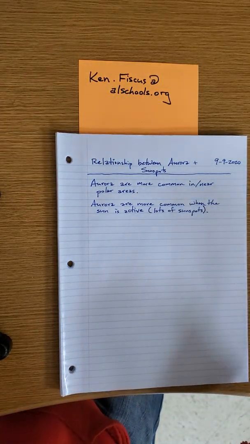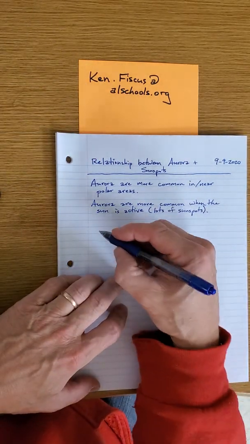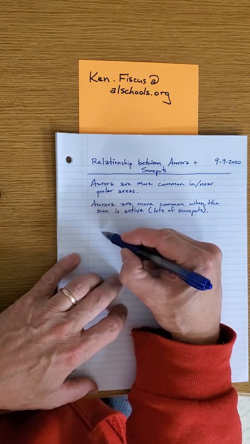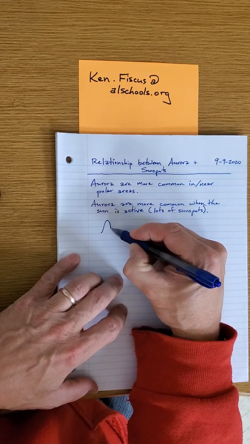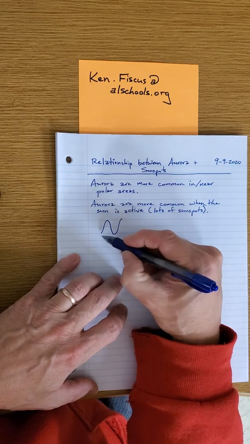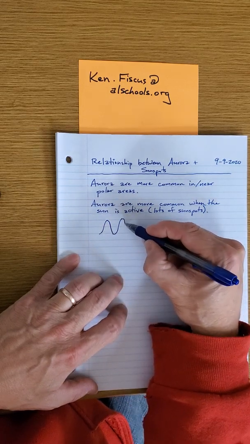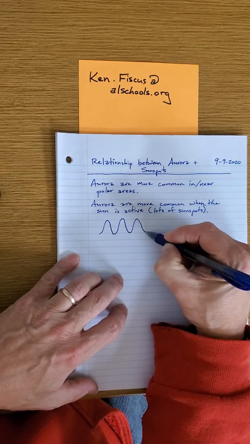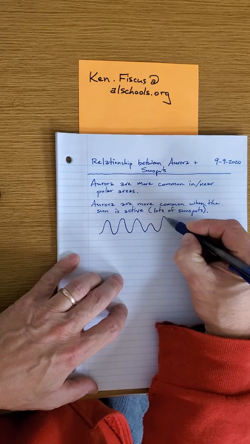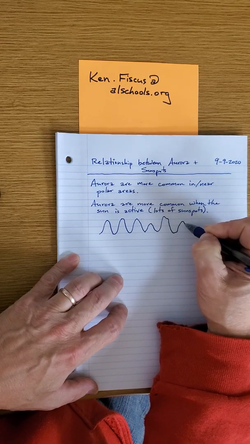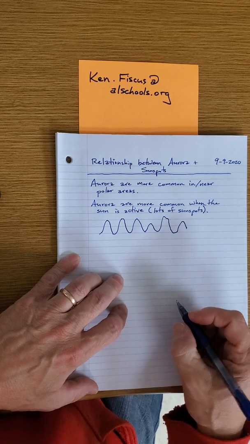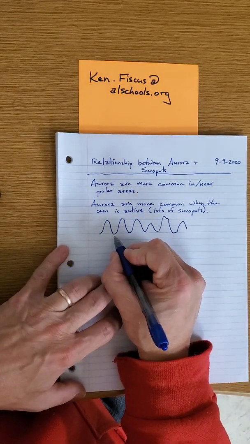All right. Yesterday we drew just a sketch of sunspot cycles. I'm going to do one again here. Okay. They're about 11 years apart.